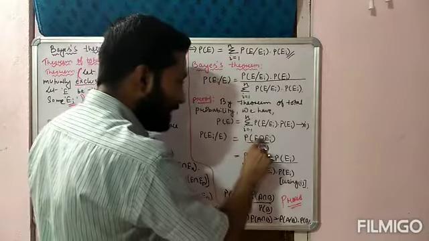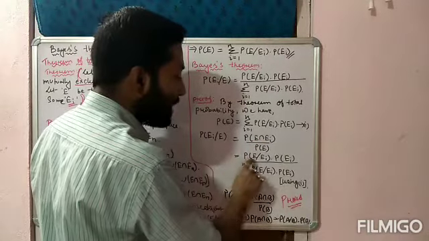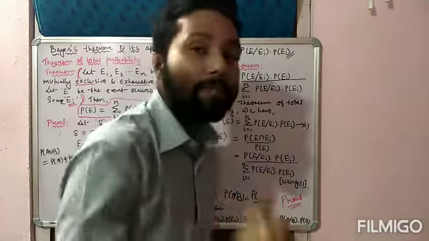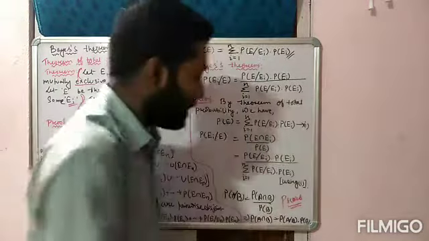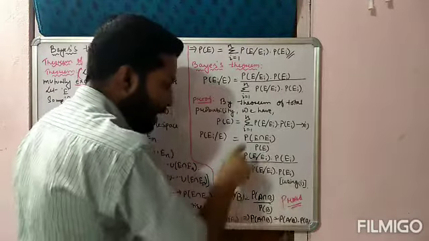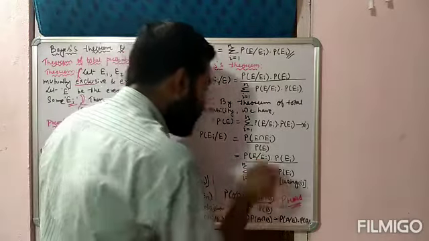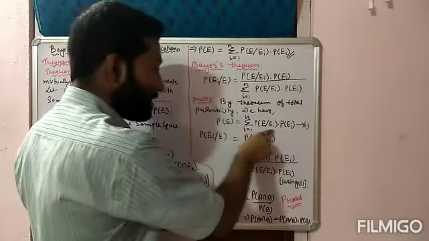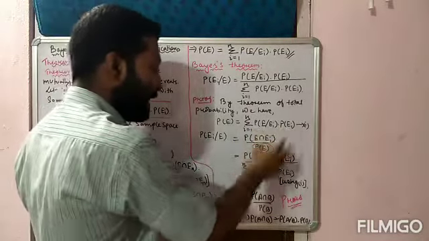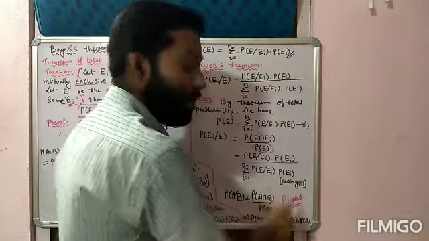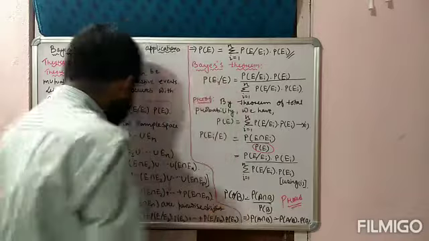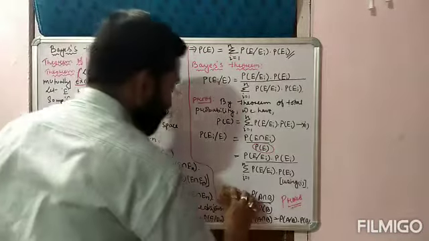So P of E intersection EI can be replaced by P of E slash EI into P of EI, multiplication theorem on probability, divided by, now we can replace this P of E by this one, because P of E का वैल्यू ये है तो ये पुट कर दिया using 1. ओके. तो अभी ऑटोमेटिक देख सकते हैं कि यही तो प्रूफ करने के लिए दिया गया था बेस थ्योरम में.